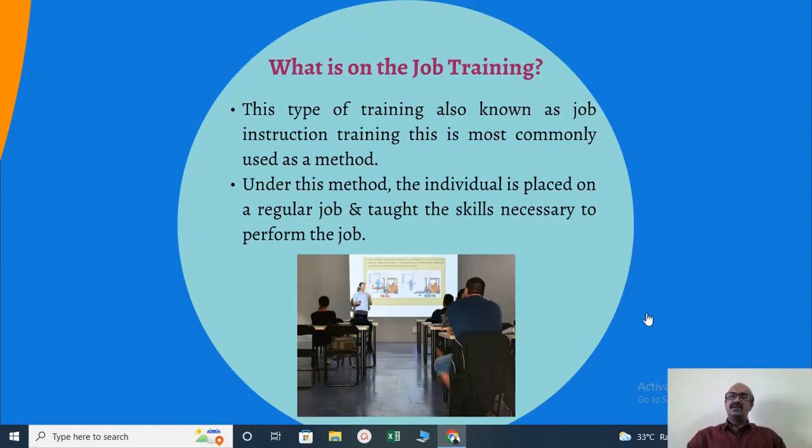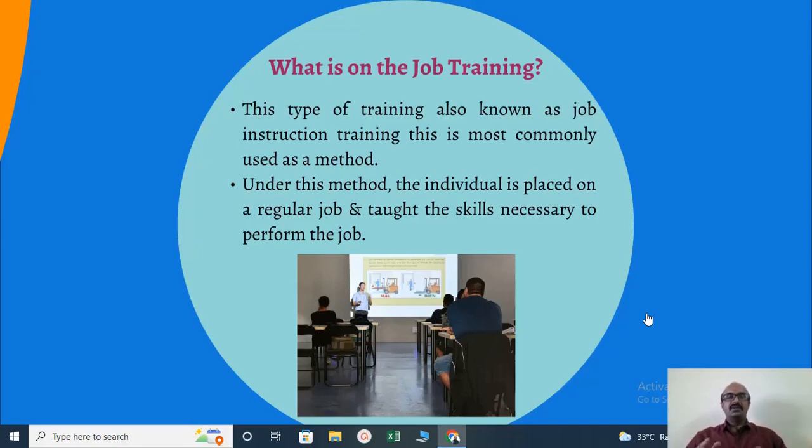They will teach about the job, how to perform, how they want you to work, what their policies are, everything clearly explained in this type of training method. Under this method, the individual is placed on a regular job.